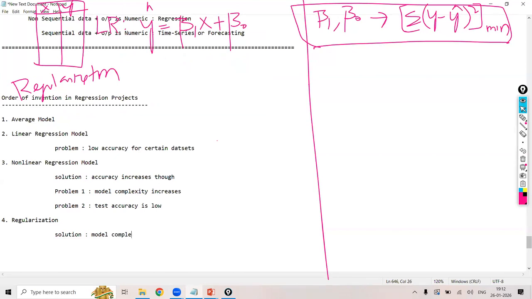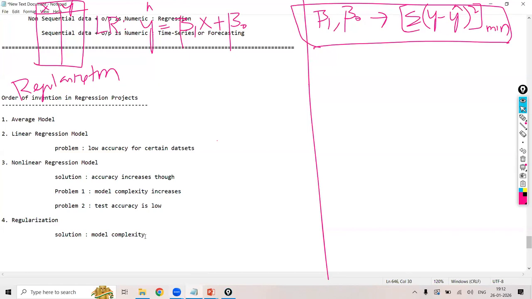What is meant by model complexity? I am using the word complexity. What is the meaning of complexity? Less complexity means a smaller number of slopes. Model complexity increases means more number of slopes. The equation is bigger, a big equation. Okay, the point is clear, guys.